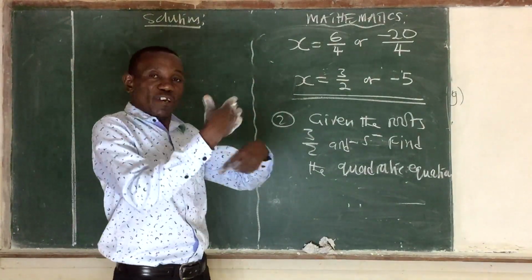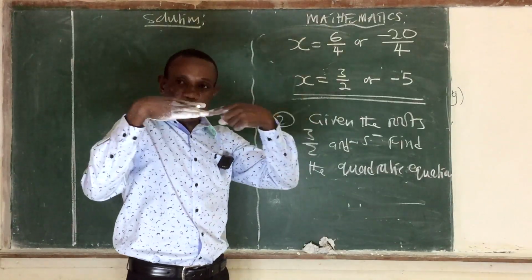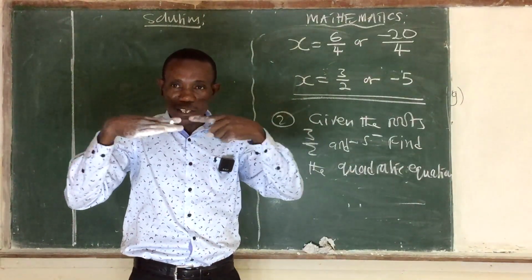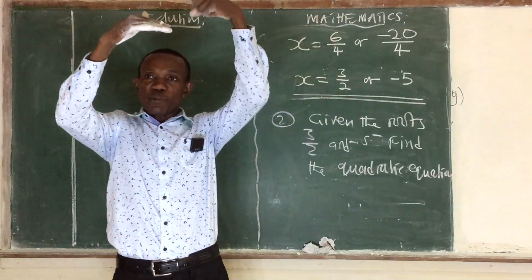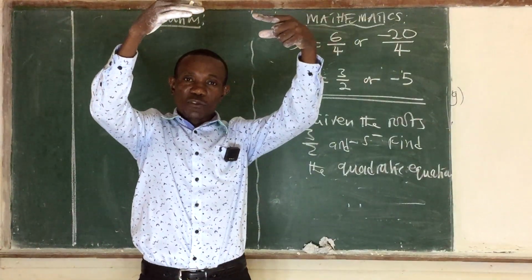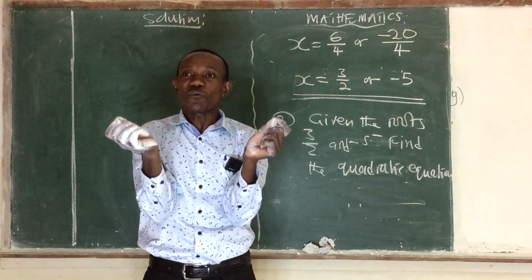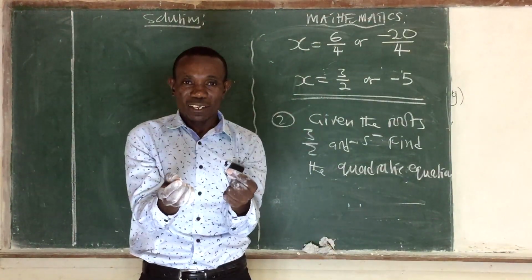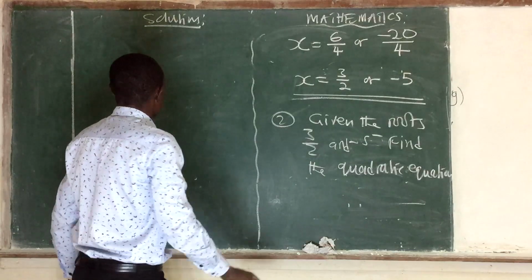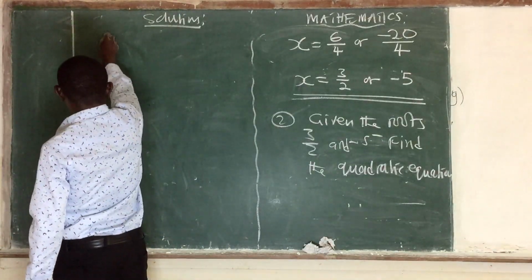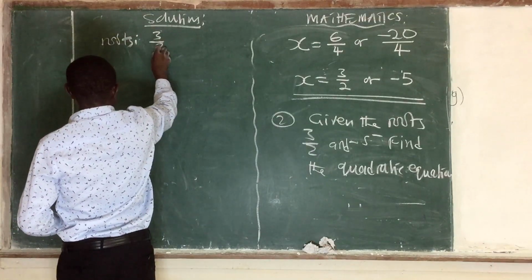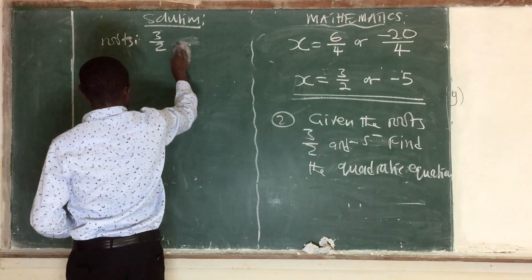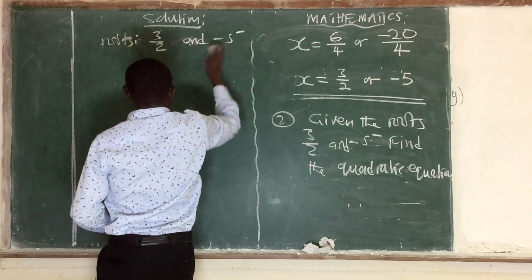So it's just a reverse of the steps. I am at the baseline, at the end, where we have got these answers, so now we have to go through the process backwards up to the top. When you were factorizing, now we are going to multiply, things like that. Right, so let's look at this. We are given roots 3 over 2 and negative 5.